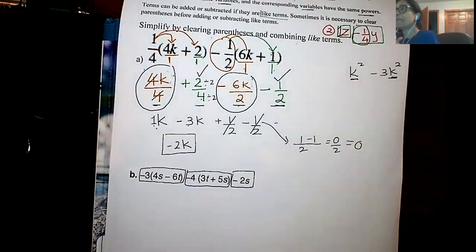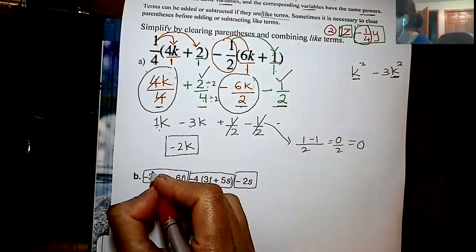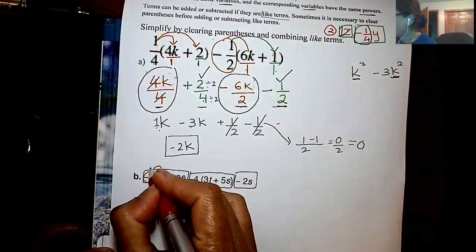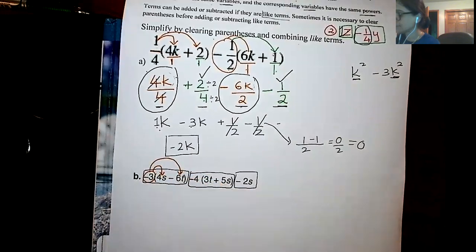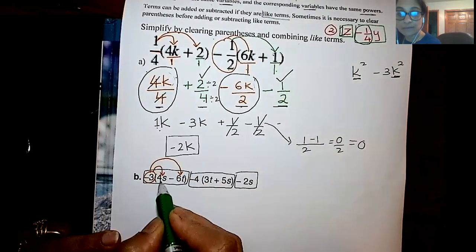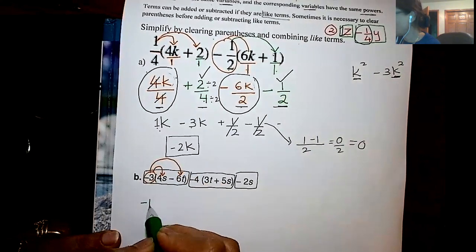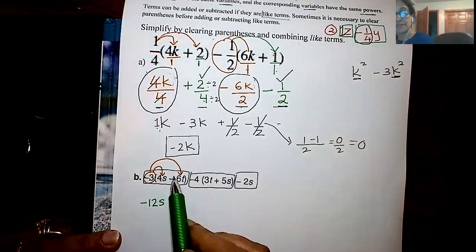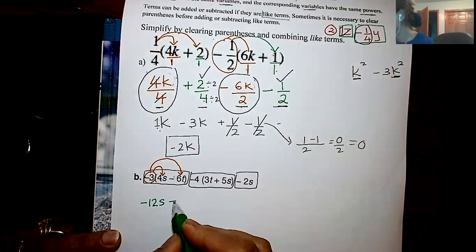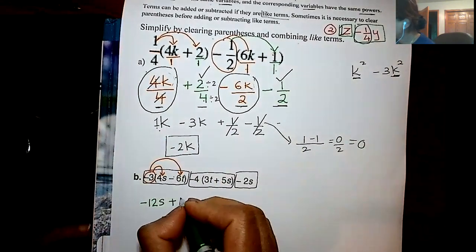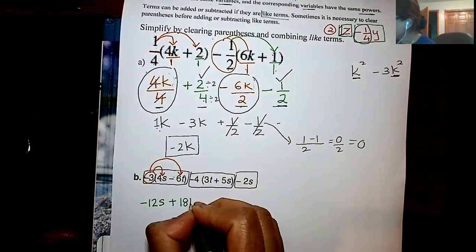I cannot combine like terms unless I use the distributive property. So I'm distributing the -3 to the first term here and the -3 over here. When I do that, -3 times 4 is -12s. And a negative multiplied by a negative ends up being positive, so 3 times 6 is 18, and the variable is t.